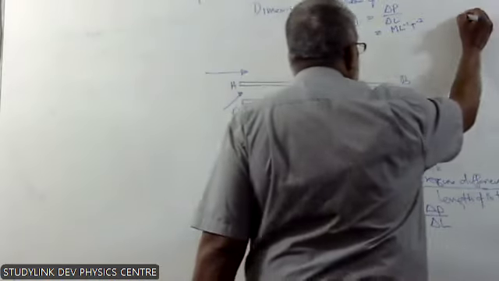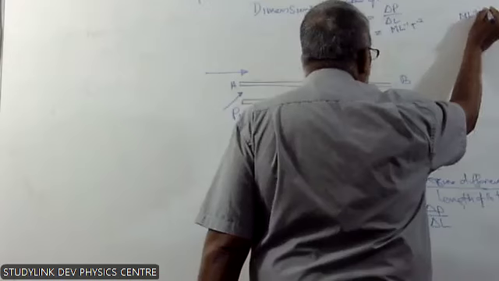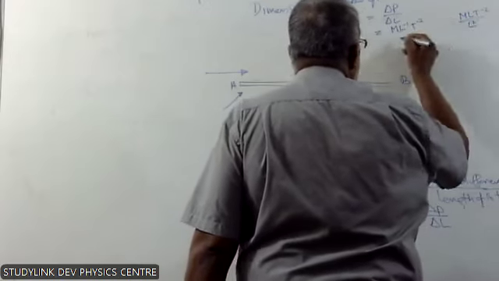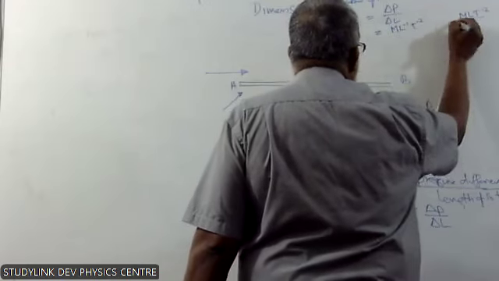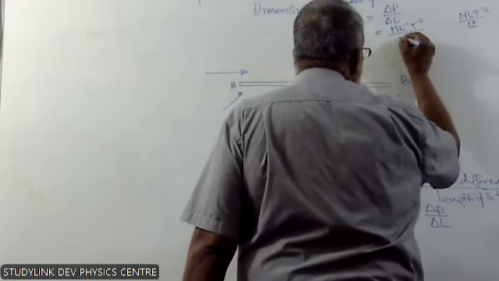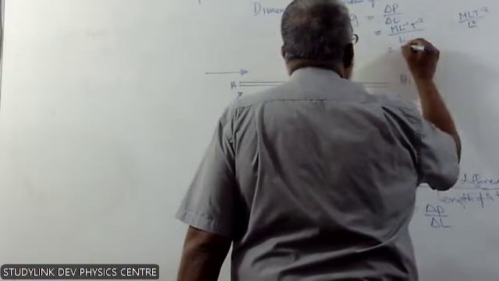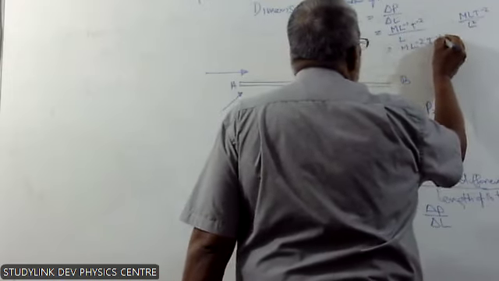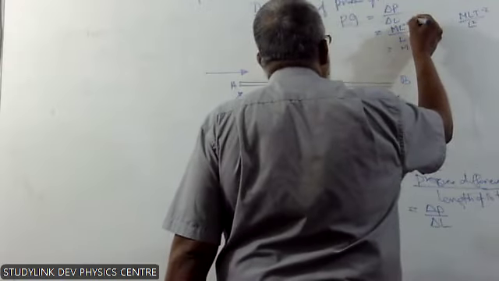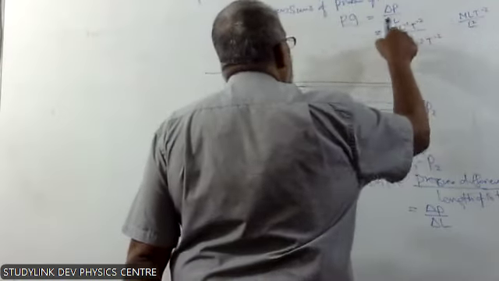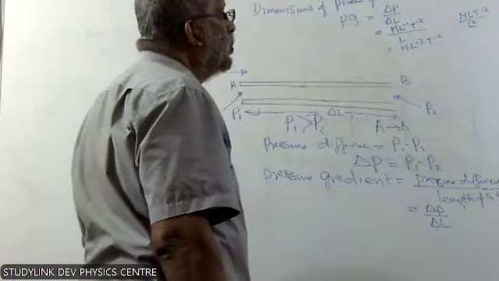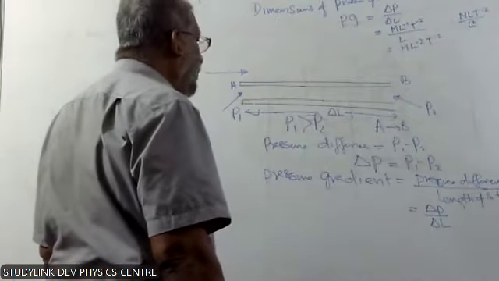Normally force is M L T minus 2 divided by area L square, then you get this pressure. Then divided by L, this is M L minus 2 T minus 2.